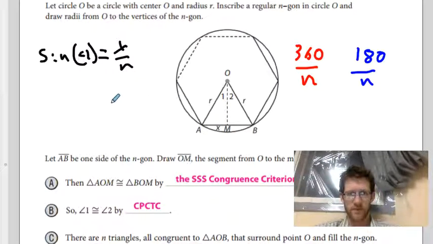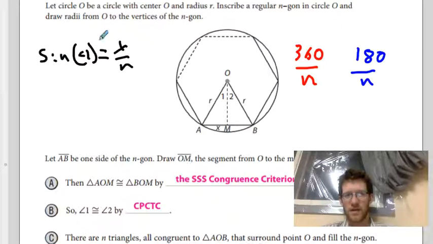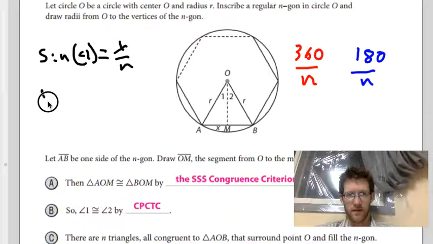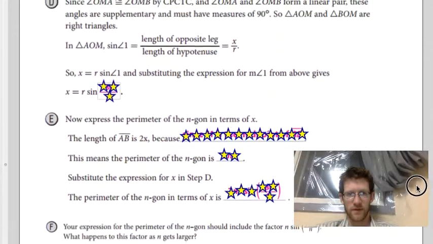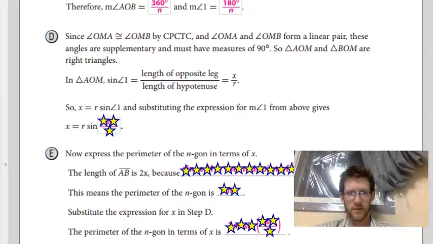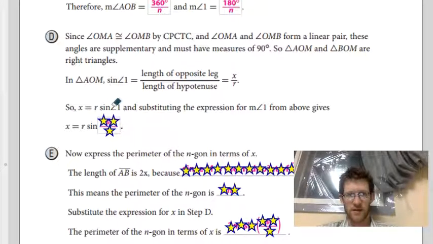Therefore, when I rearrange this, x equals r times the sine of angle 1. That's where they got that value from.